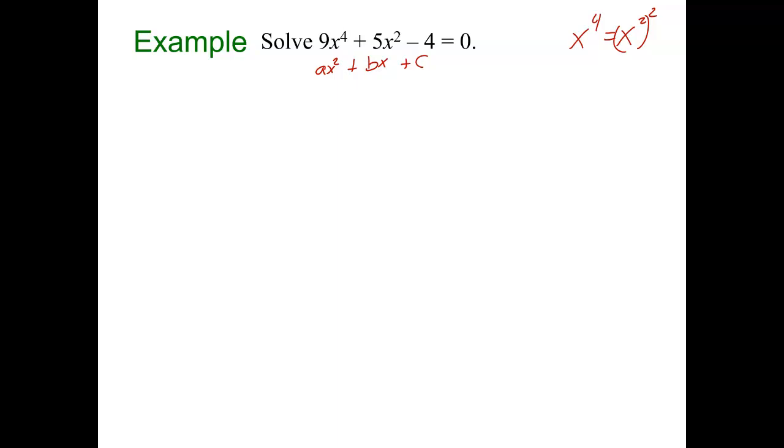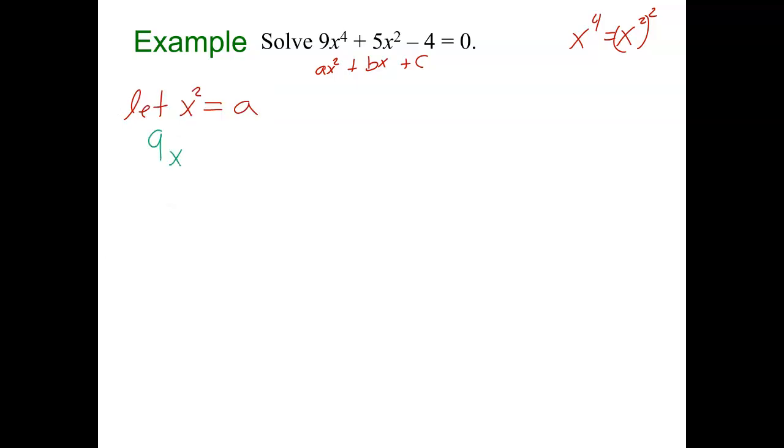And so what we're going to do is we're going to use substitution. We actually used substitution back when we did factoring. We just didn't solve. We used substitution to factor. Now we're going to use substitution to factor and solve. So let's let x squared equal a. I'm just picking another letter at random.